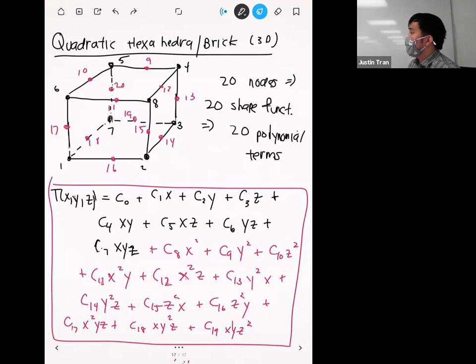But this is good. And so this is kind of why these elements here are so preferred, because basically every single way that a function can vary in x and y and z, with various powers of x, y, and z, all different combinations are here. And so whatever weird kind of behavior that your finite element solution might have, even if your finite element solution is not a quadratic function, maybe it's something cubic, I would say you're much more likely to capture that behavior because there's so many terms in this polynomial here.